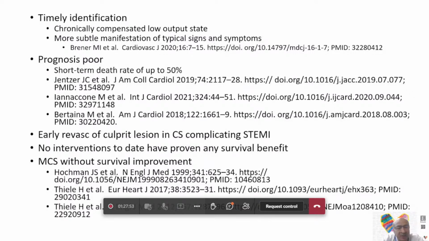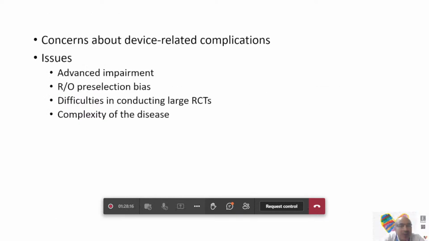Otherwise, no intervention to date has given any survival benefit, not even mechanical circulatory support. Intuitively, it sounds like MCS may help survival, but we are not very sure. And then there are concerns about device-related complications.